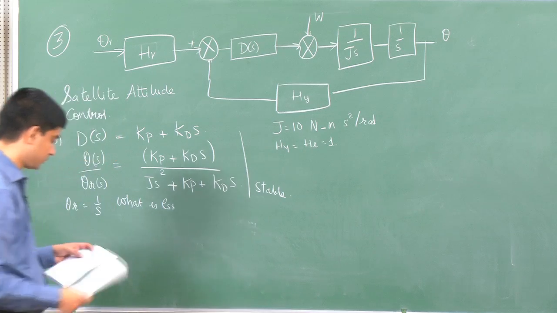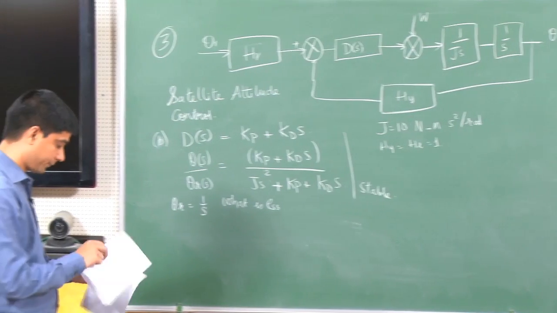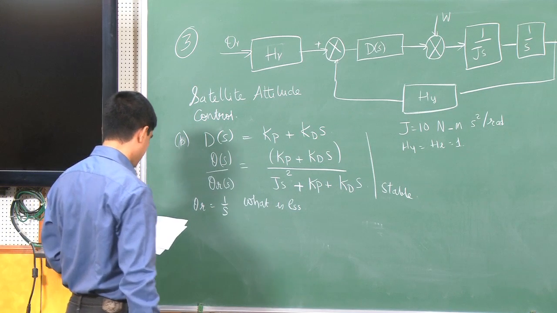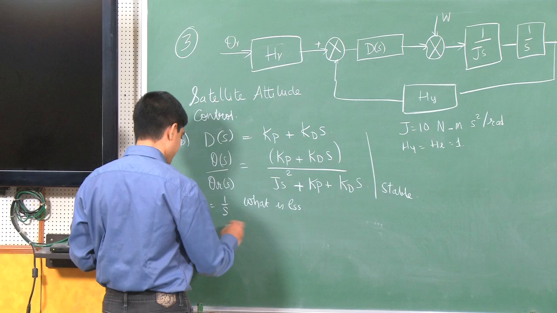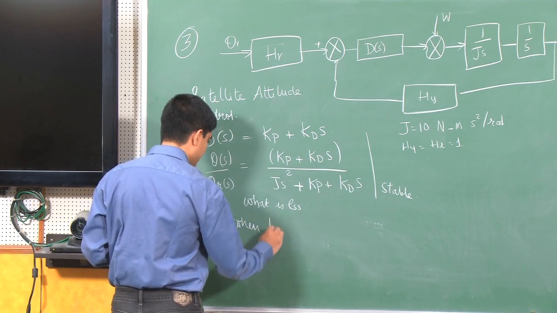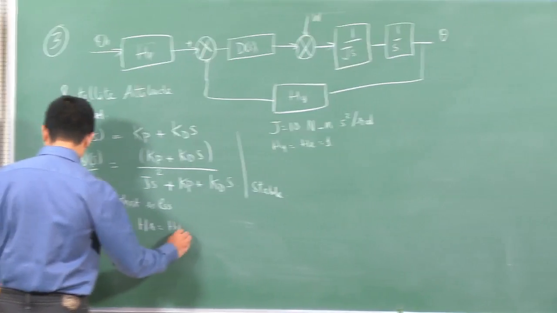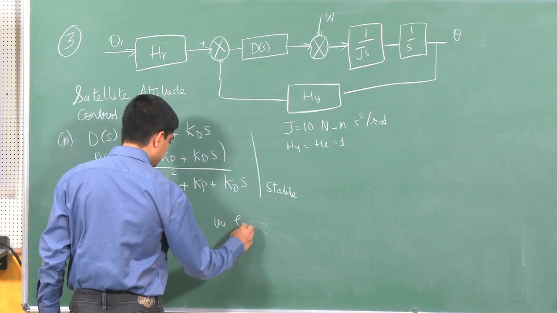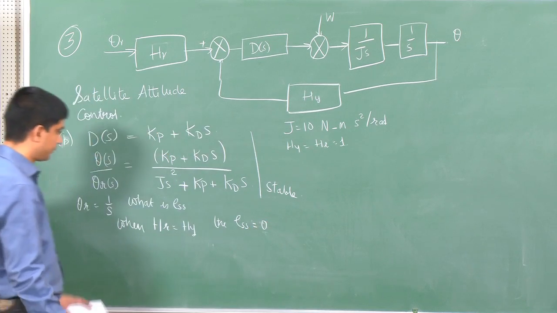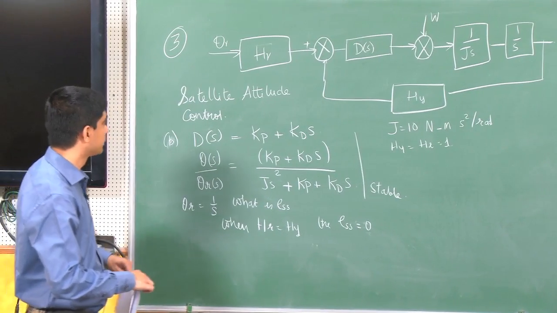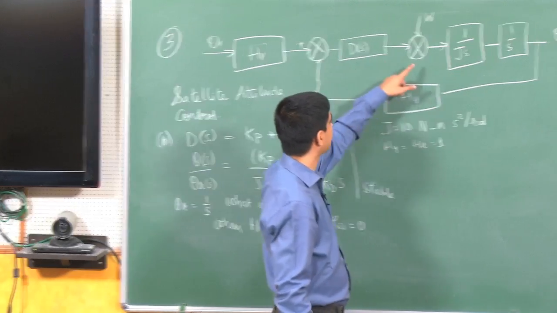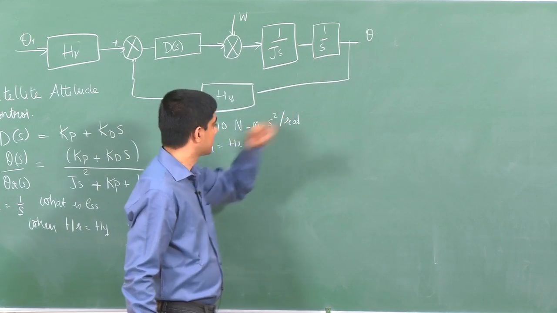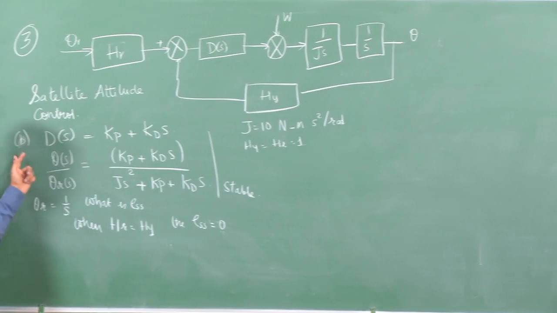Okay. So, when I just use that theta r is equal to 1 or theta r of s is 1 over s, then when Hr equal to Hy, the steady state error is 0. I will leave that as an exercise to you, because you can see lots of things happening here, right. You have, well, if I just consider this, I have 2 poles at the origin. Okay. So, therefore, I can easily track a step signal.